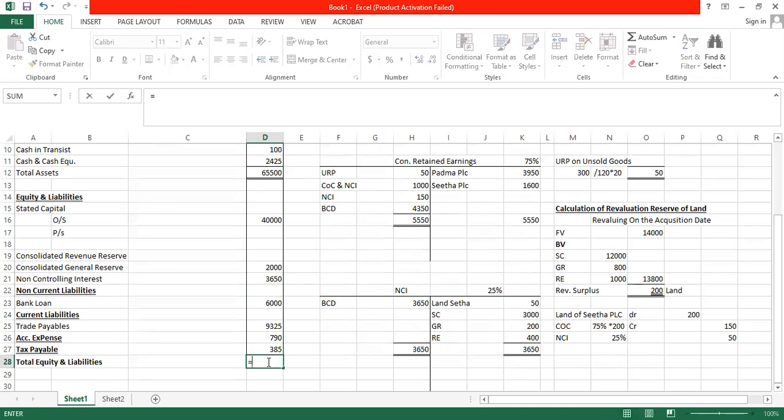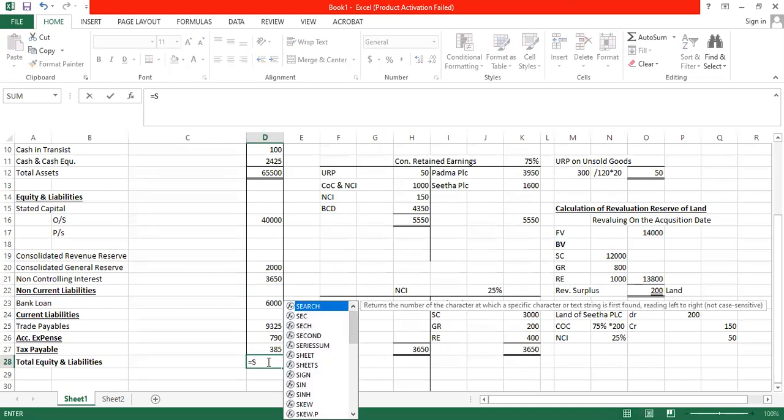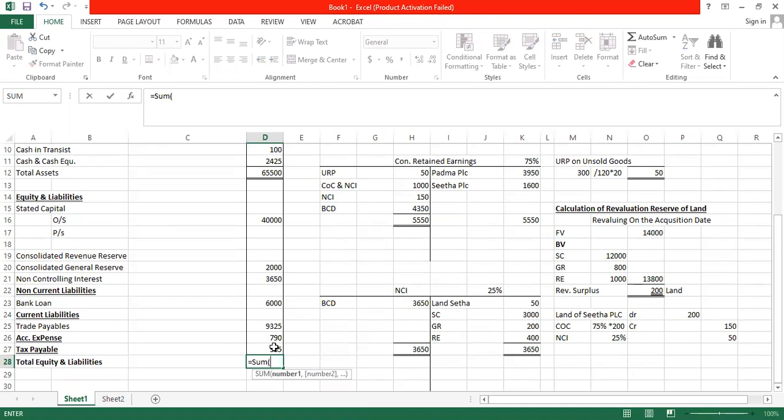So if you balance it, let's see whether it's balanced. Yeah, it's not balanced. We didn't put this value.